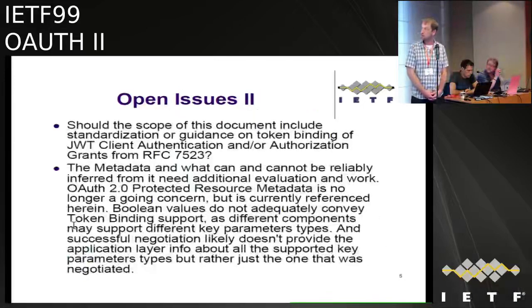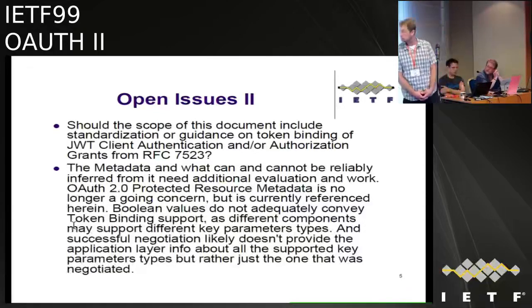Couple more open issues. One is a question of whether the scope of this document should include some kind of standardization, or at least guidance, on using token binding with JWT client authentication and/or authorization from RFC 7523, which is the JWT client authentication and authorization draft.